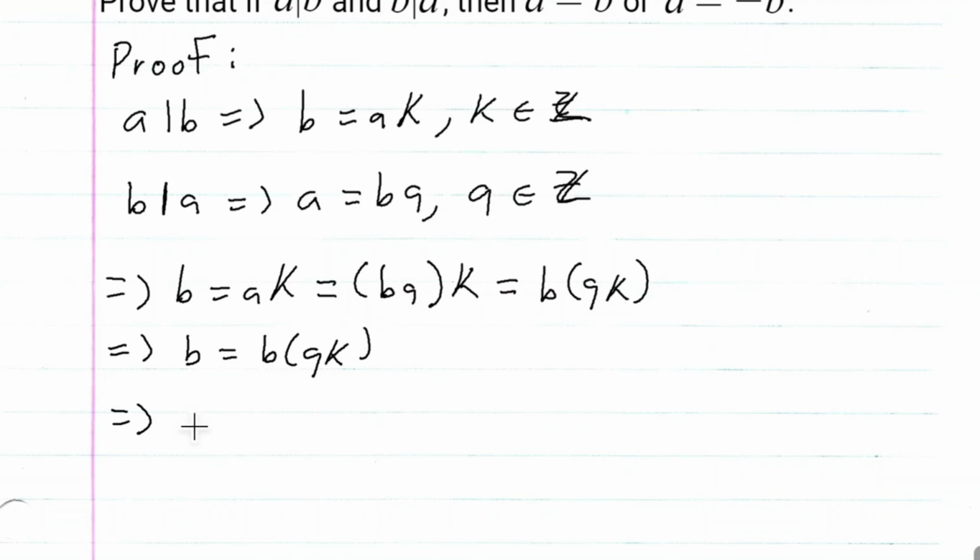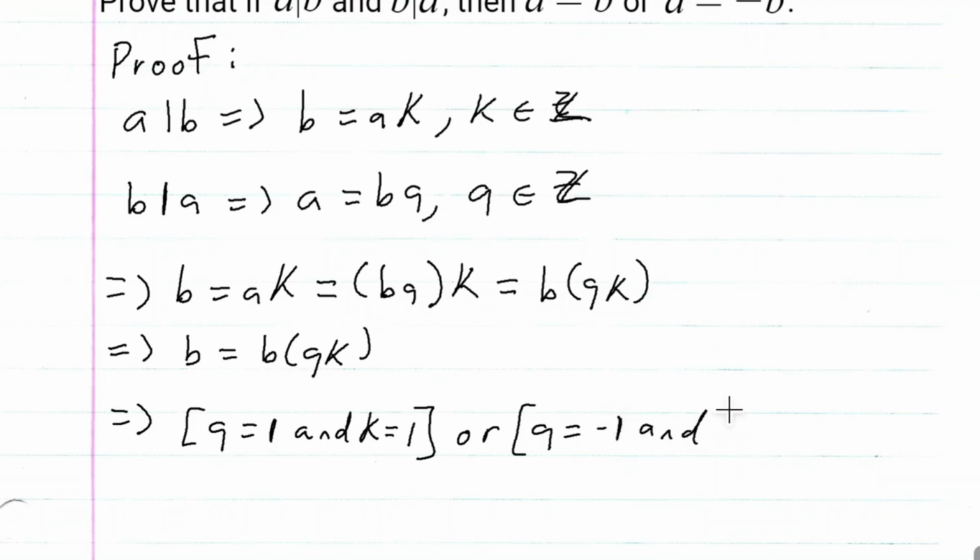So this means that Q is equal to 1 and K is equal to 1. Or we have this case, Q is equal to negative 1 and K is equal to negative 1, right? These are the two cases where Q times K would be 1, given that Q and K are integers, right?